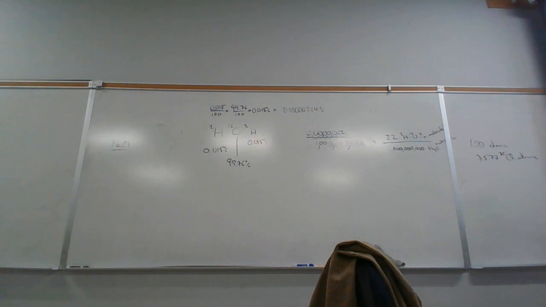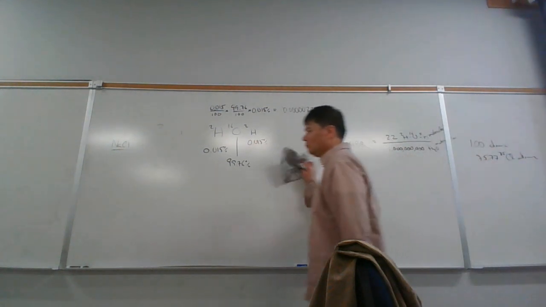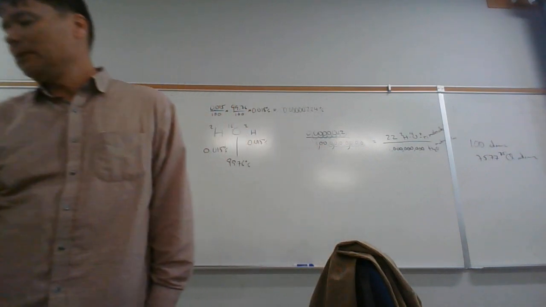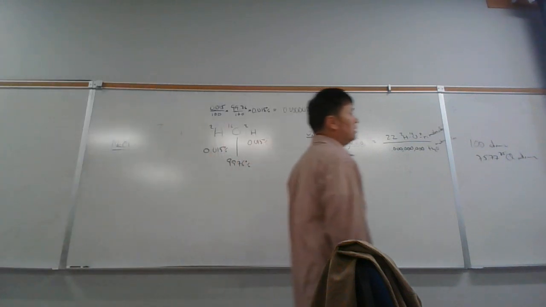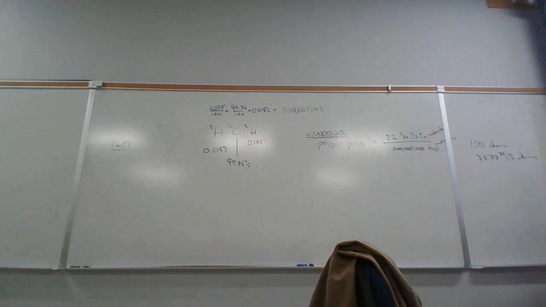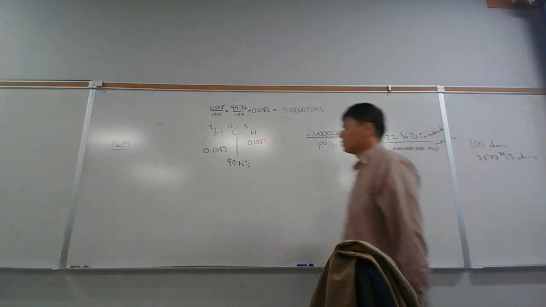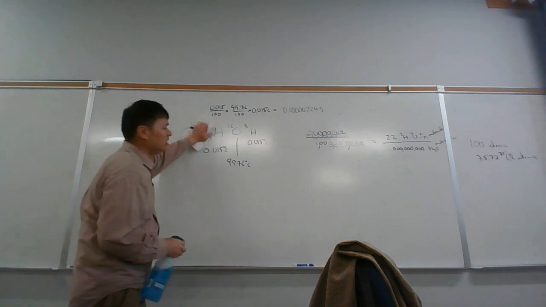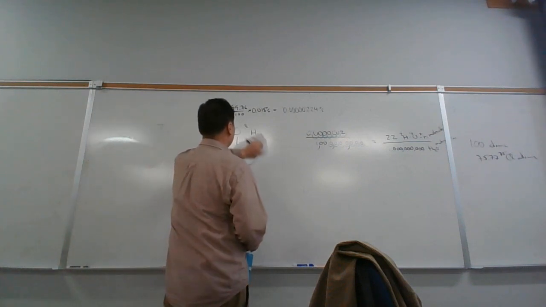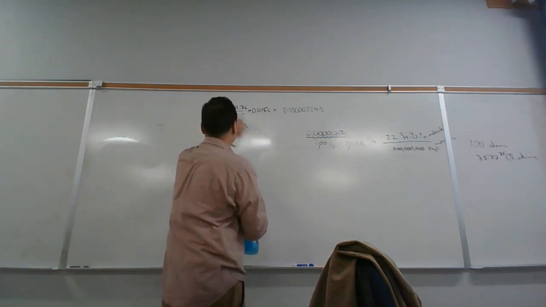Iron and aluminum alloy. One of the mistakes that people make on these kinds of problems is they assume that the iron and the aluminum are going to be in some ratio. So some people will consider ferroaluminum as 1 part iron, 1 part aluminum by mole. But when we have a mixture, is it going to be at a fixed ratio? No. In a mixture, we can have any ratio of iron and aluminum.